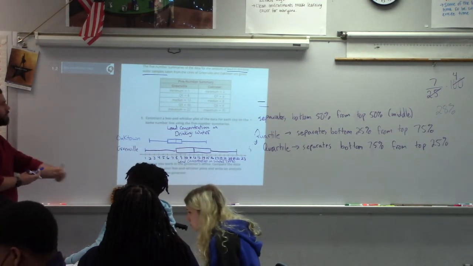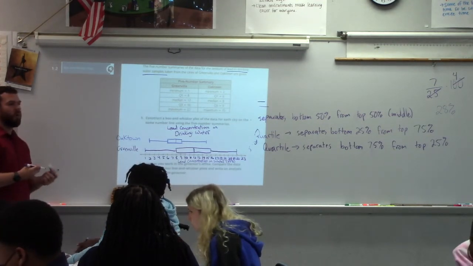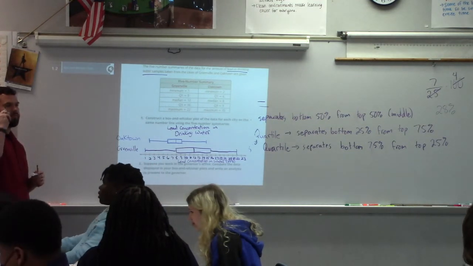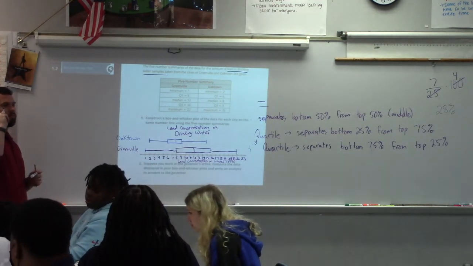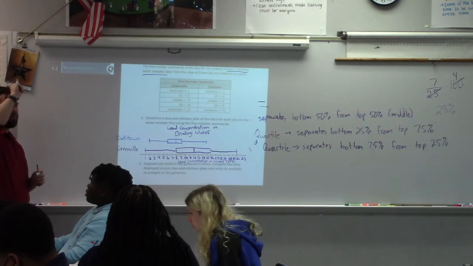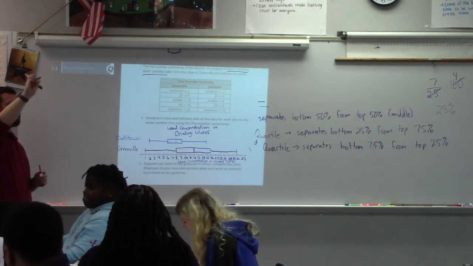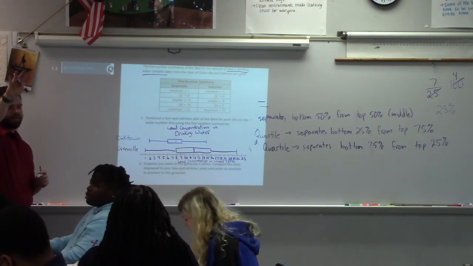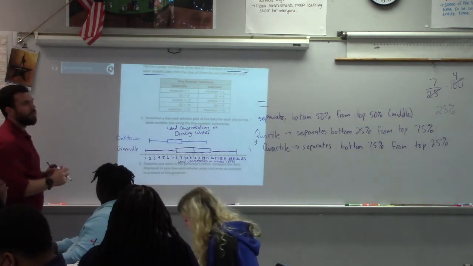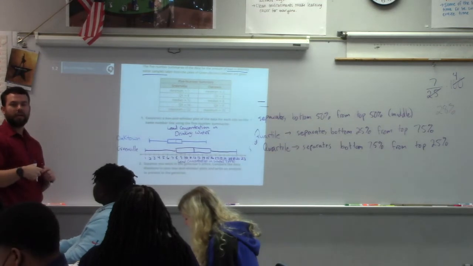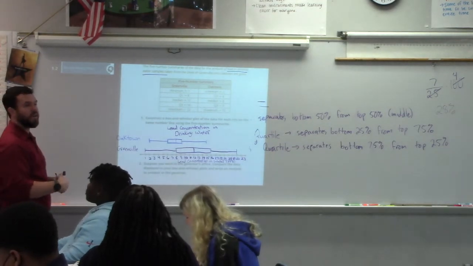So, once again, we want to compare what 4 things? Center, unusual aspects, the shape, and the spread. Alright, I want you to get involved in this conversation. Raise your hand, especially if you haven't been involved in the conversation.